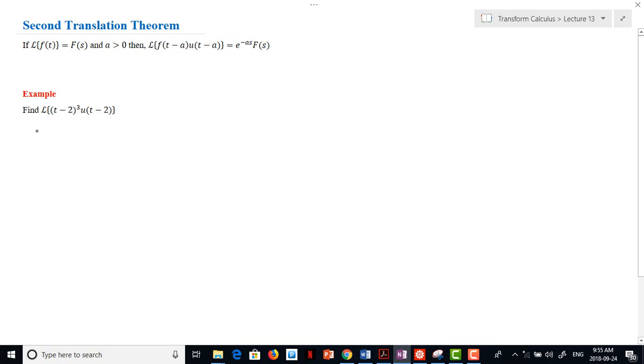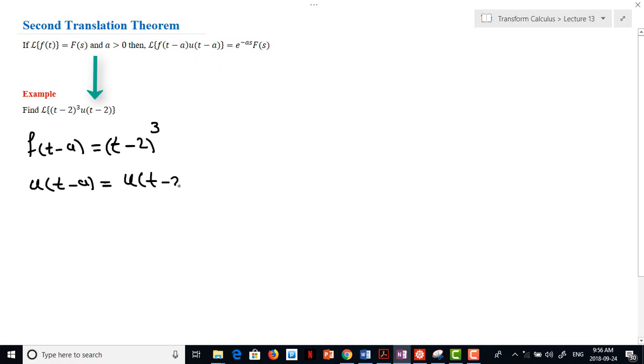If we compare this function with the formula in the second translation theorem, we can see that f(t minus a) is equal to (t minus 2) to the power of 3, and u(t minus a) is u(t minus 2).